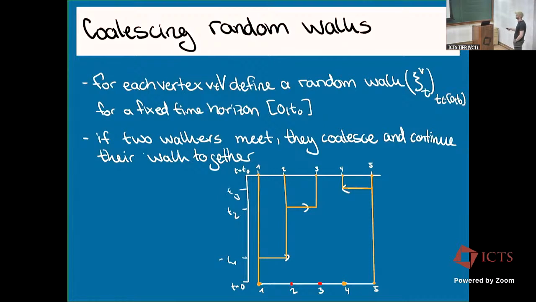Again, this is time reversed, so you have to have a fixed time horizon. You perform such a random walk backwards in time, and if 2 walkers meet, for example, the first time this happens is here, the 4 will follow back the arrow and switch its position to 5, but this 5 is already occupied by the walker started there. So if 2 walkers meet, they coalesce. And this is the way you trace back the opinion of the whole system.